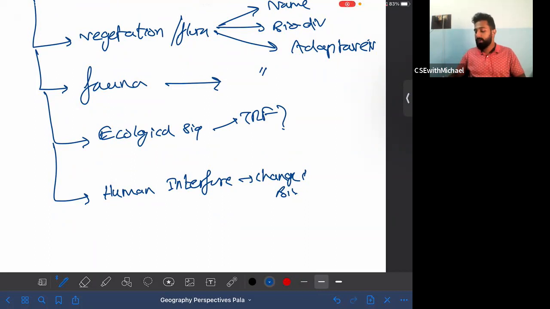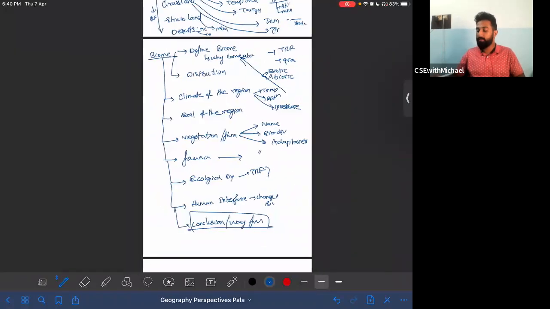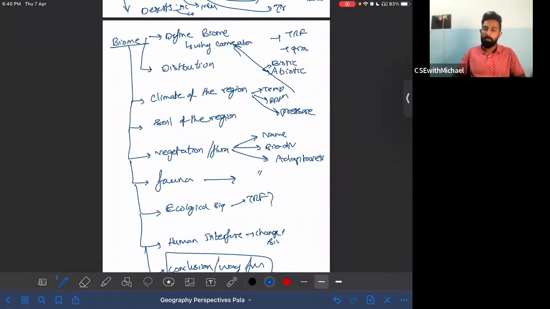And a conclusion as to the way forward, how you can improve the conditions of this particular region. For example, how to prevent degradation of the temperate or deciduous forest, monsoon forest, right? So these are the things you must know with respect to one particular biome.